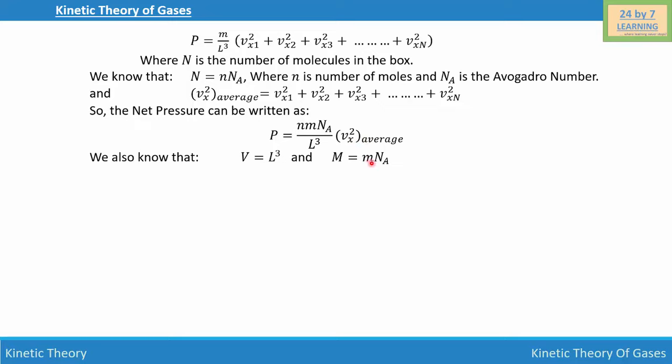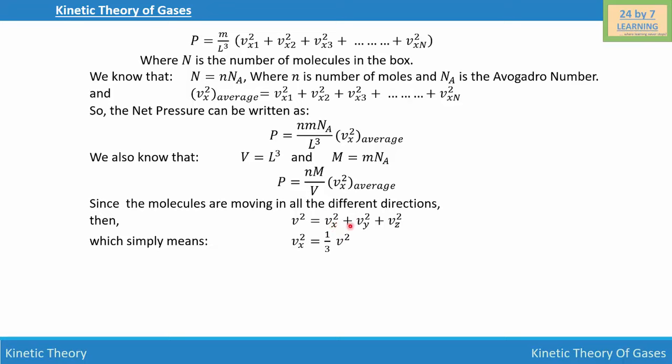Since we are considering an equal number of molecules moving along the x, y and z axes, we write vx square equals 1 over 3 v square, because vx square is basically the velocity of 1/3 of the molecules. So the pressure is given as P equals N m over V, and for vx square average we write 1 over 3 v square average.